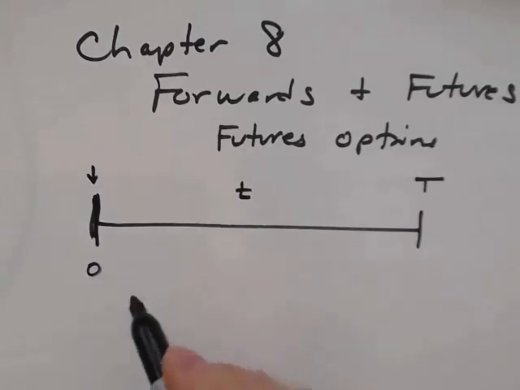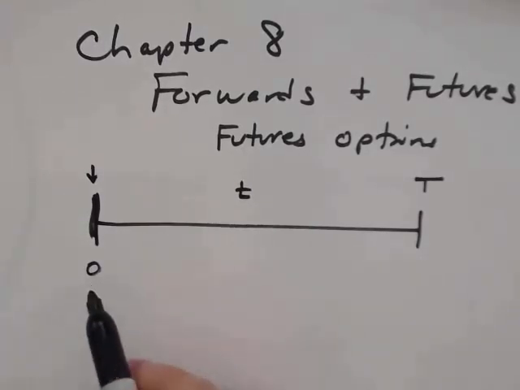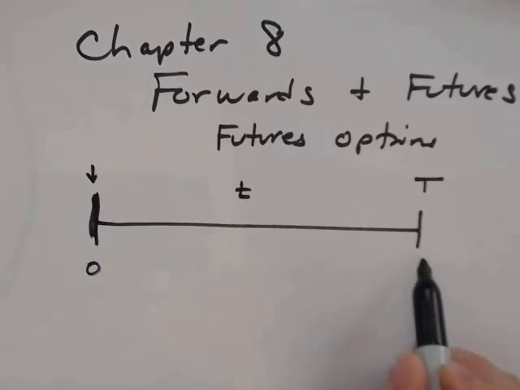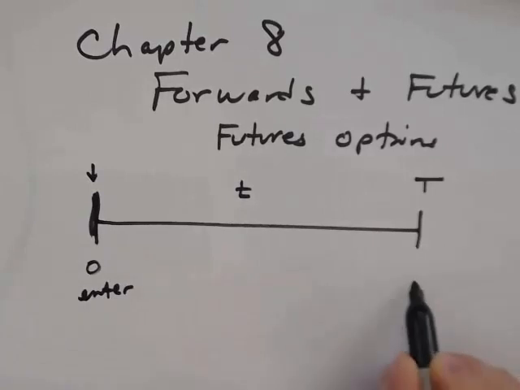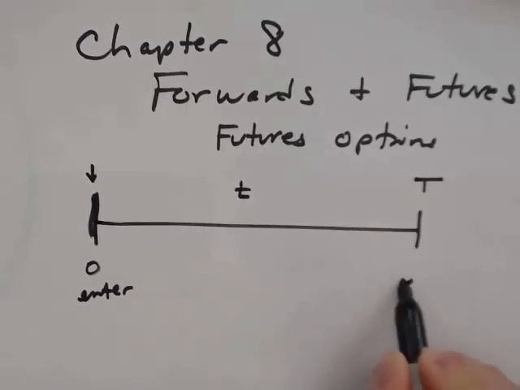So remember, you go long, for example, corn. You're entering into a contract to buy corn, and you're going to buy corn in the future. So you're entering in today. You enter a contract, and then you actually transact sometime in the future, typically at capital T here at expiration.